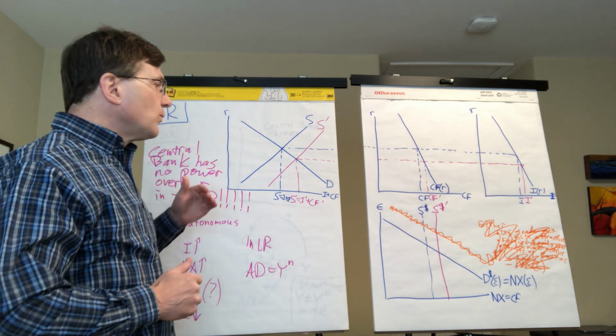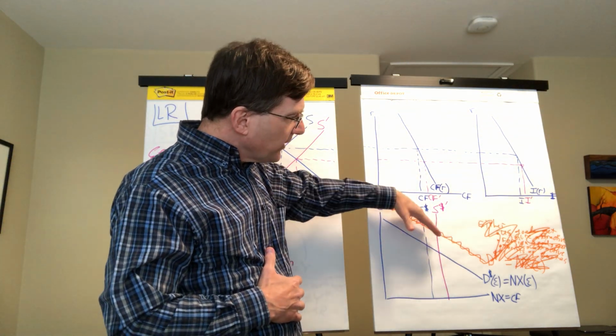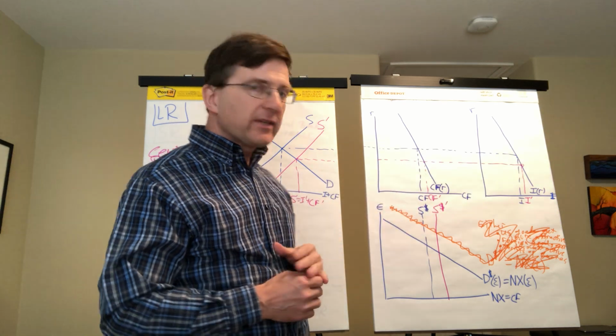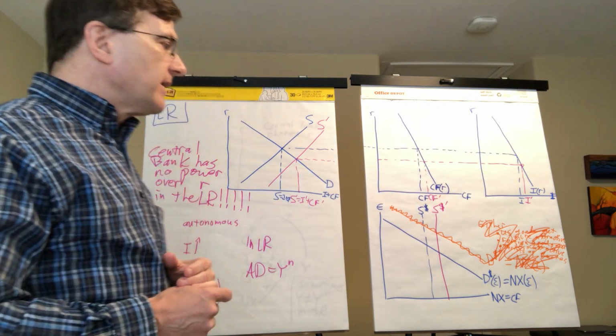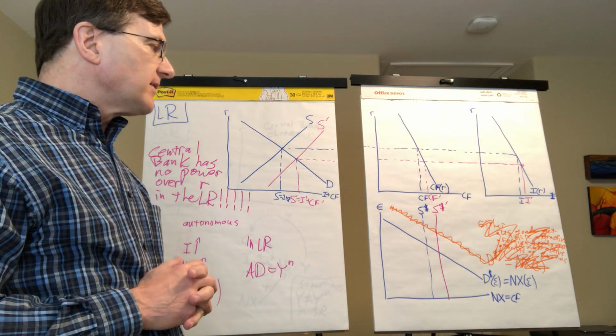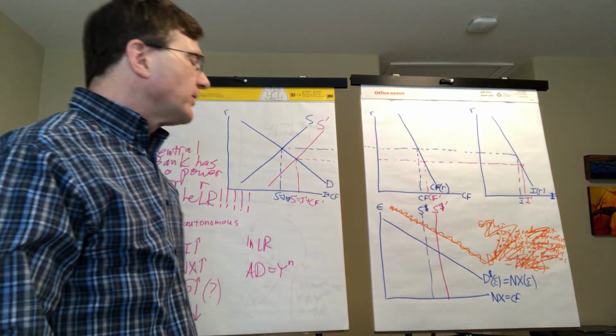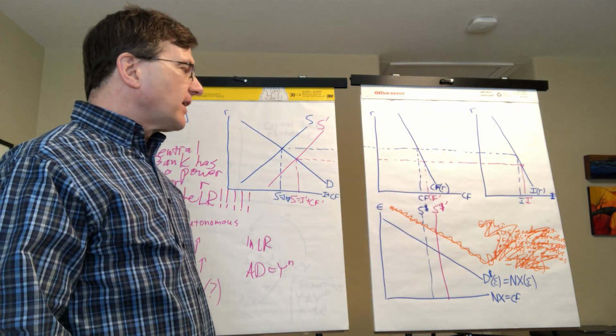First of all, when we looked at this orange, which is scribbled out here, we looked at a shift outward in net export demand as a function of the real exchange rate. And of course, net export demand is also the demand for dollars.